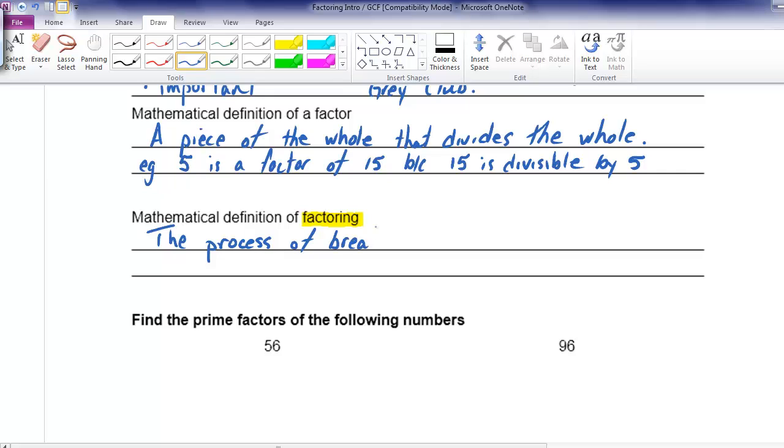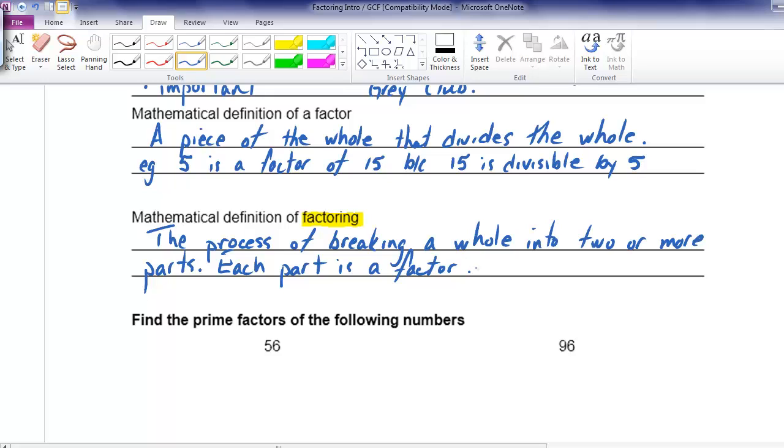So it's the process of breaking a whole into 2 or more pieces. Two or more parts. And then each part is a factor. Each part is important.